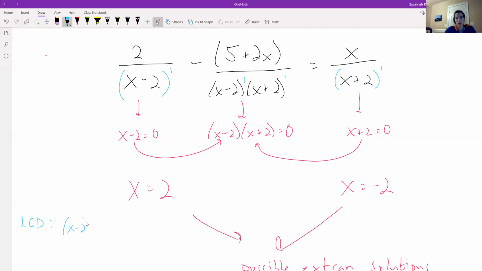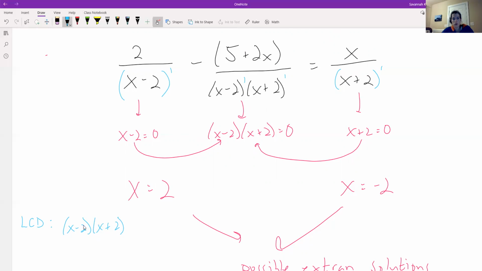It is the smallest thing into which all 3 of these original denominators could divide. There are larger, more complex common denominators that they could fit into, but we want the smallest thing, and it's sitting right there in front of us.